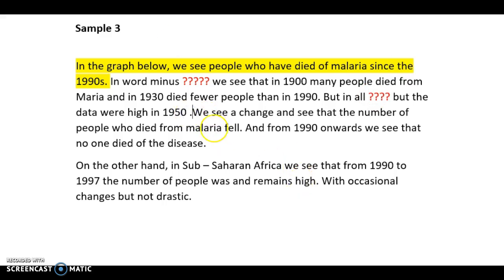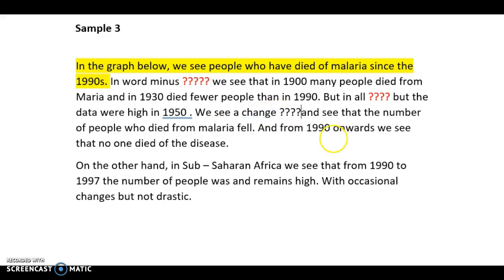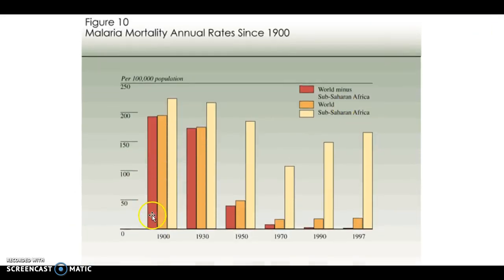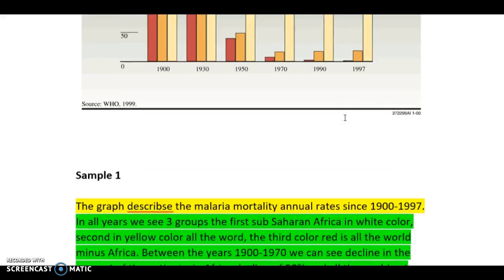Again here, this confuses. We see a change. Again, where? We have to relate very, very clearly to these graphs. Are we talking about the world minus sub-Saharan, the world, or just sub-Saharan Africa?